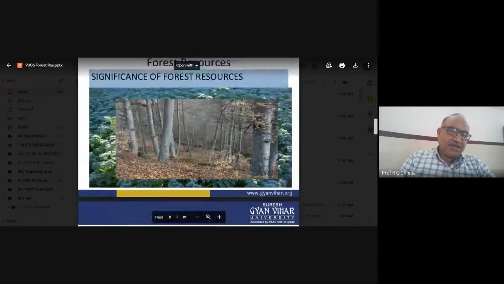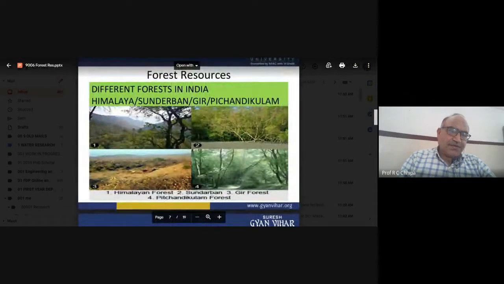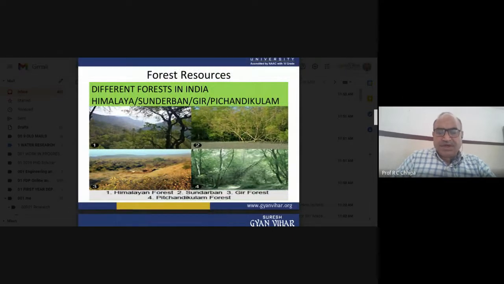We can see different types of forest area, whether in the Himalayan region or the South Indian region, and those are present.